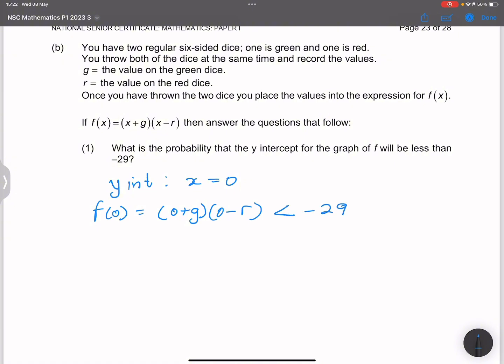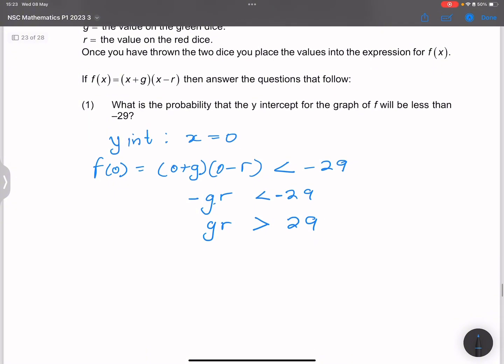So we've got g times negative r, which is minus gr, less than negative 29. And that means that the product of the two of them is less than negative 29. And so that means g times r. Remember that when I multiply by the negative, the inequality changes sign. So that means g times r, the values that you get should be greater than 29.